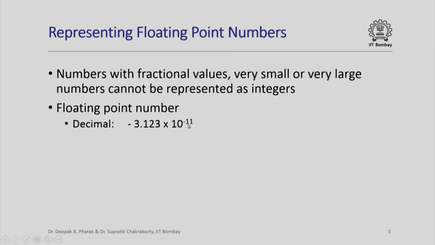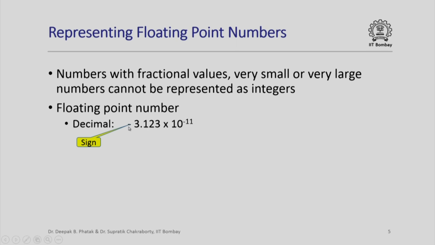So let us look at this floating point number, minus 3.123 into 10 raised to minus 11. This is the quote unquote floating point in this number. Now this number is of course written in decimal, and in this representation there are several parts and I want to highlight them.